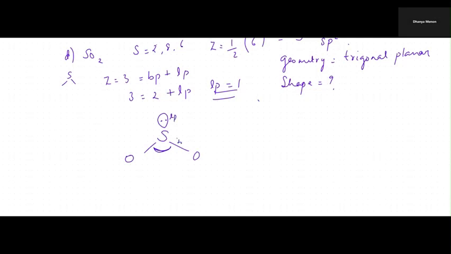The lone pair will push this bond pair such that this bond angle is less than 120. Okay. And what is the shape? The shape, if we ignore this lone pair, it is bent or angular.